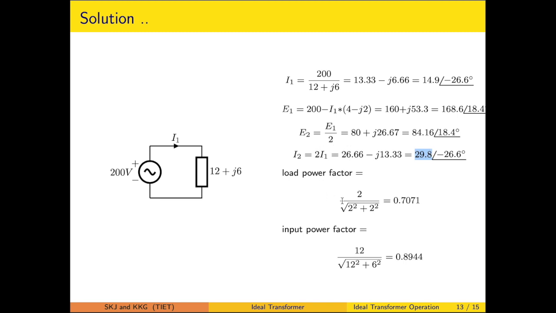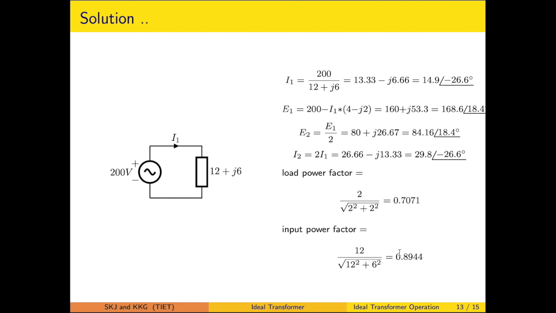The load power factor, because the impedance on the load is 2 plus J2, is giving rise to 0.7071. This impedance is of R plus Jx nature, so it is a lagging power factor. Input impedance is 12 plus J6, so correspondingly we will have the power factor as 0.8944 lag.